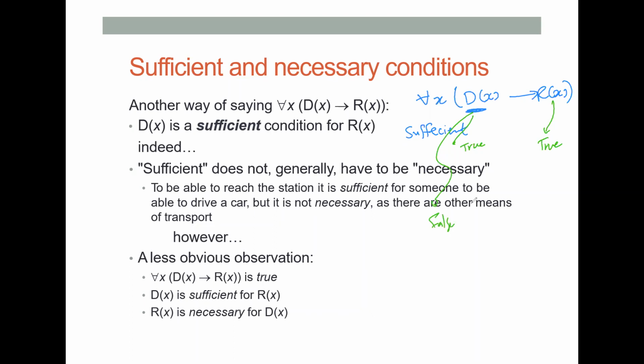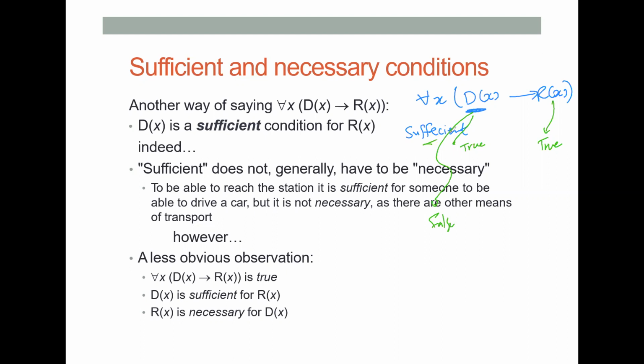If x cannot drive, do I have a confirmation that x cannot reach the station? No, I don't, because x can use a bike to go to the station, x can walk to the station, x can use public transportation to go to the station.